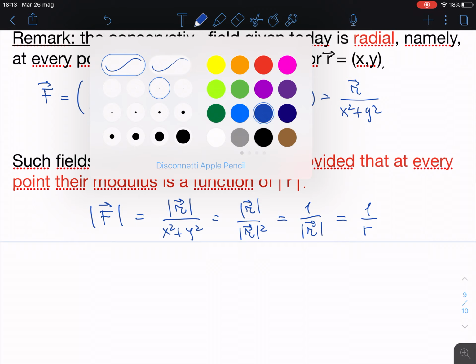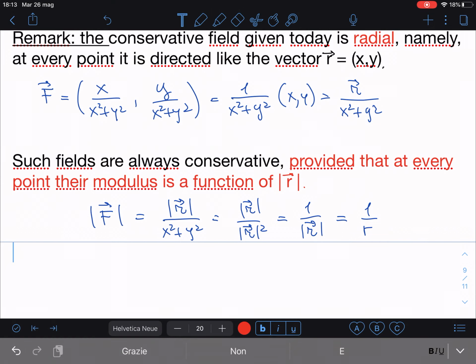But what I cannot avoid telling you in this case is the extension to 3 dimensions.